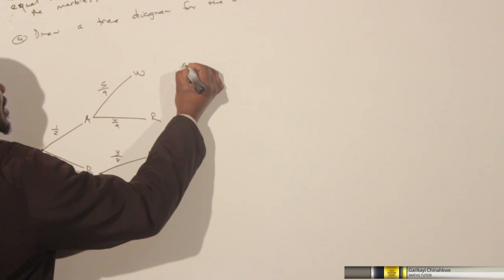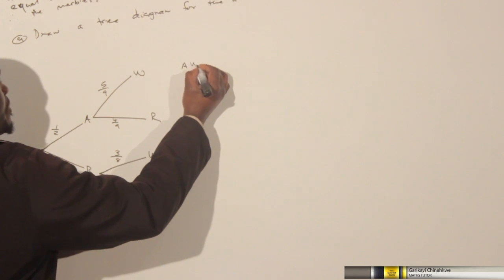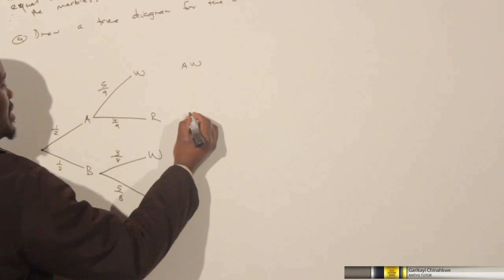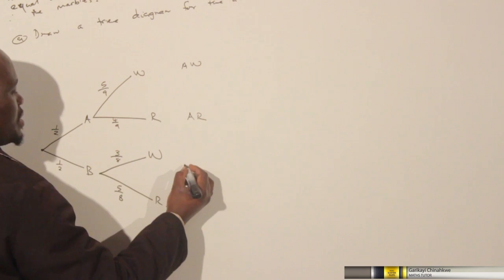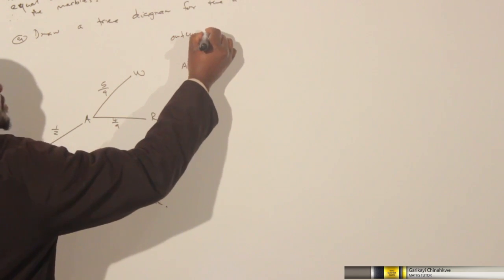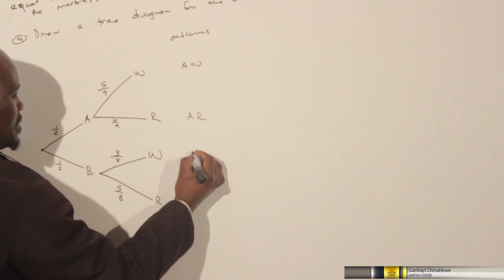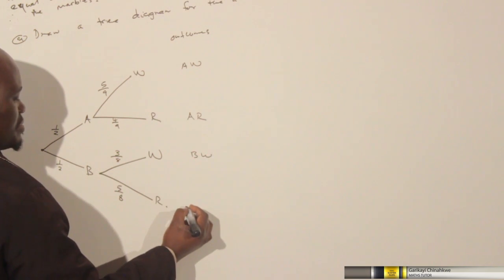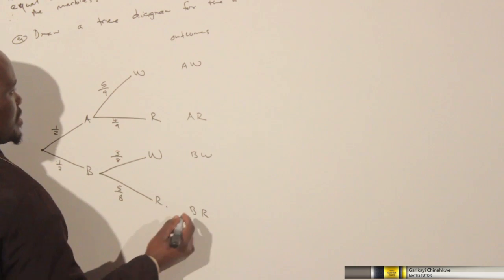So this is bag A and white marble. This is bag A and red marble. These are the outcomes. So this is bag B and white marble. This is bag B and red marble.